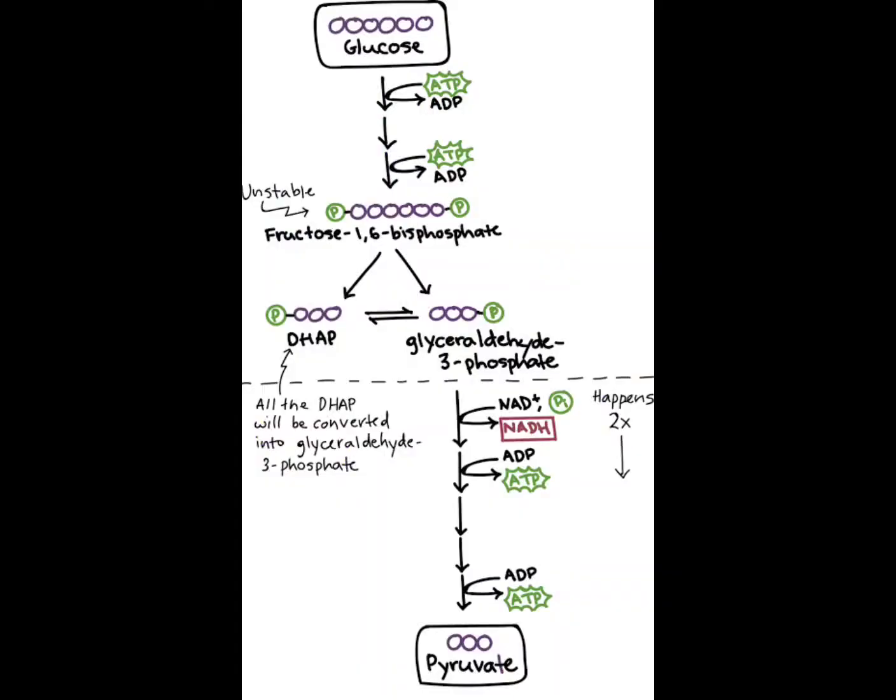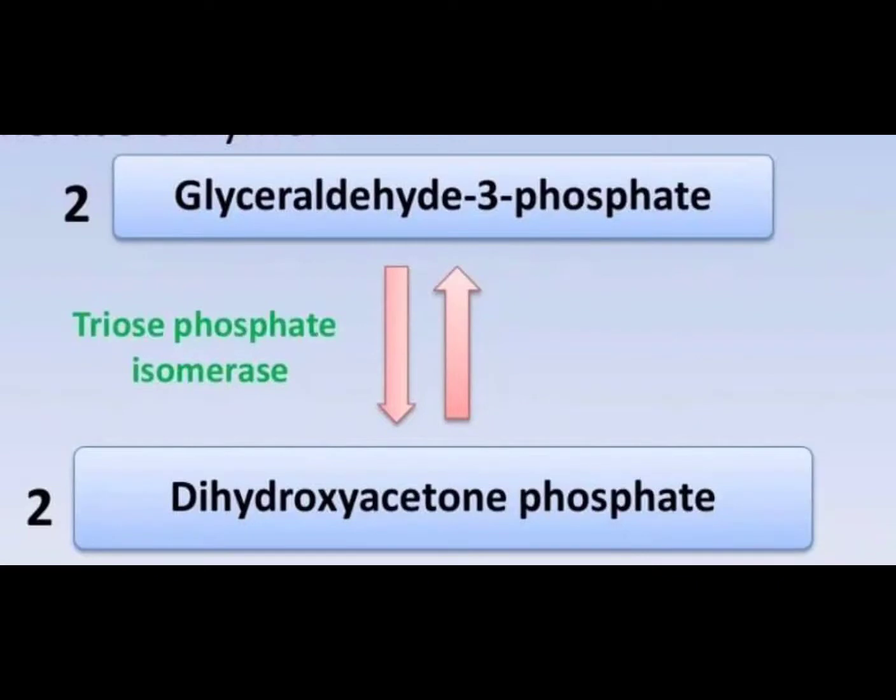This 6-carbon sugar is cleaved to produce 2 3C molecules, glyceraldehyde 3-phosphate or GAP, and dihydroxyacetone phosphate or DHAP. This reaction is catalyzed by aldolase. Step 5, isomerization. Dihydroxyacetone phosphate is converted to glyceraldehyde 3-phosphate. This reaction is catalyzed by the enzyme triose phosphate isomerase.